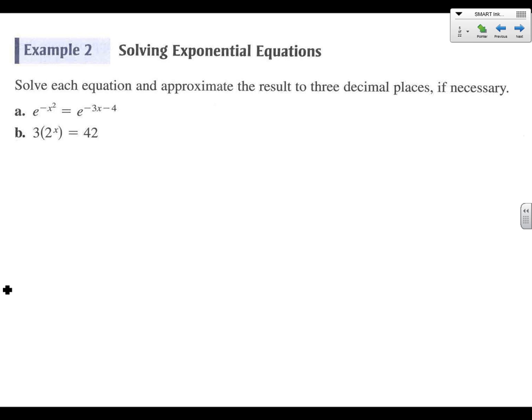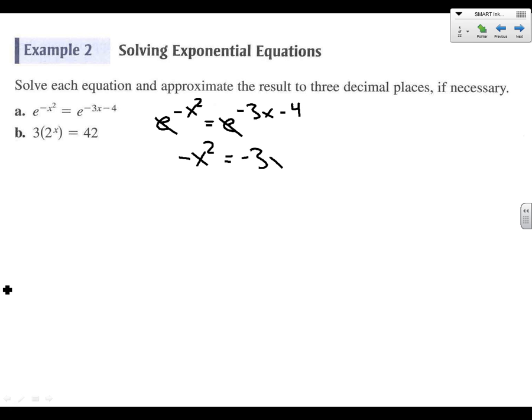All right, I'm going to move right into example 2. We're going to solve each equation and approximate the results to 3 decimal places if necessary. On example 2, we've got e to the negative x squared equals e to the negative 3x minus 4. We have a one-to-one function here. We get to cancel out the e's, and from here we're just solving a quadratic.